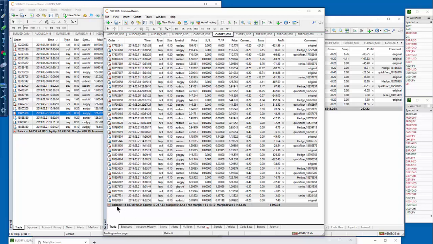The balance on this account is up 88% since January 7th. That's $8,857 of increase in balance since it started trading January 7th.